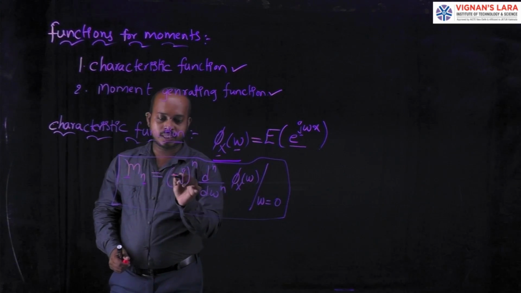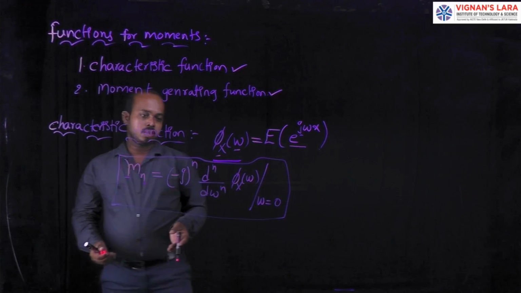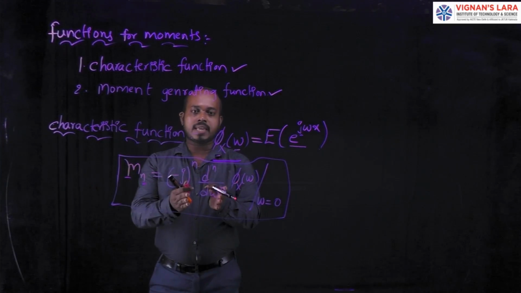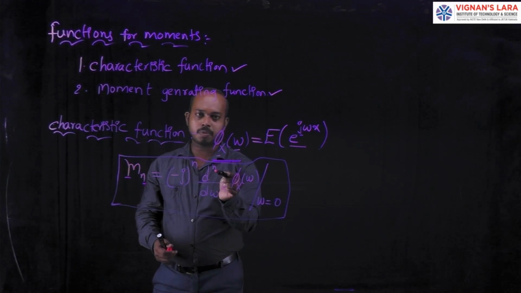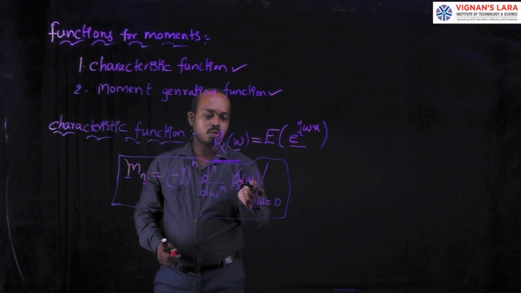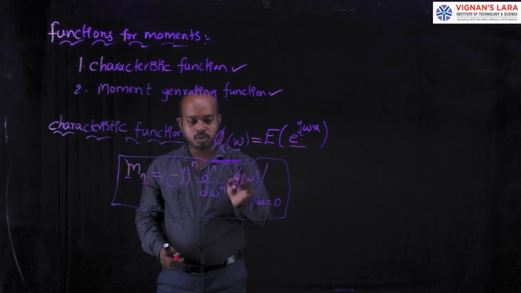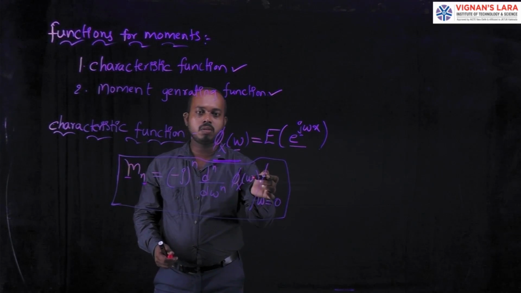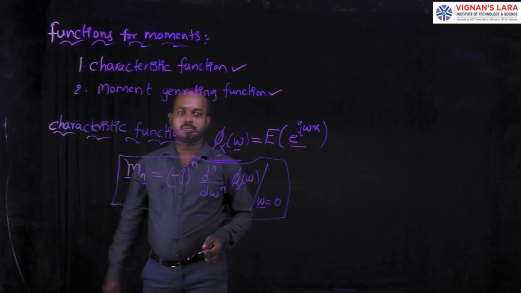That's why I am writing minus j whole power n, and the differentiation has the power of n. Here n represents the number of differentiations on the characteristic function. After applying this differentiation on the characteristic function, we must replace omega with 0.